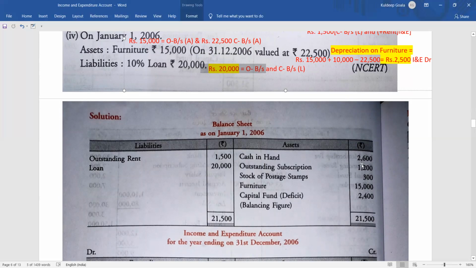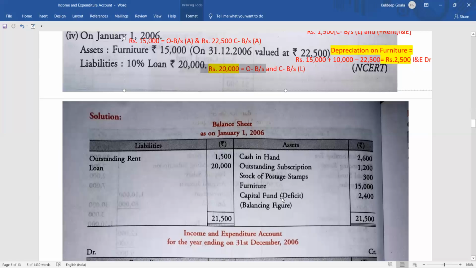In the asset side, 2,600 plus 1,200 is 3,800, plus 300 is 4,100, plus 15,000 is 19,100. So 19,100 is obviously less than 21,500. After deducting, we get 2,400 rupees, the excess of the liability side. That means if the liability side is more, it's a deficit of capital. The capital is moving in negative.